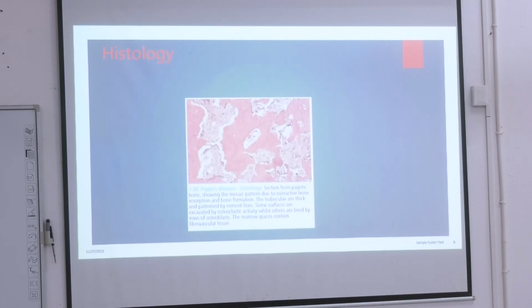Now coming to the histology. This is the bony trabeculae, okay? This is the bony trabeculae, the eosinophilic amorphous material. And we can appreciate the mosaic formation or disorganized woven bone formation.